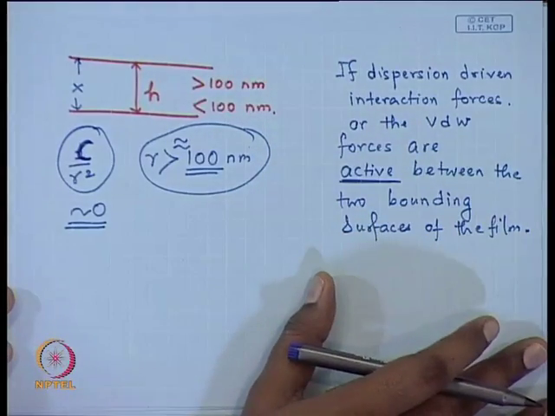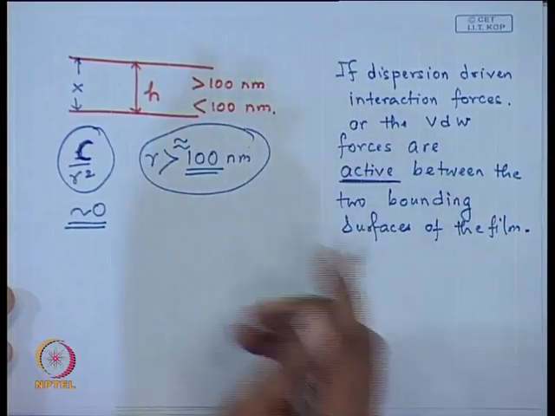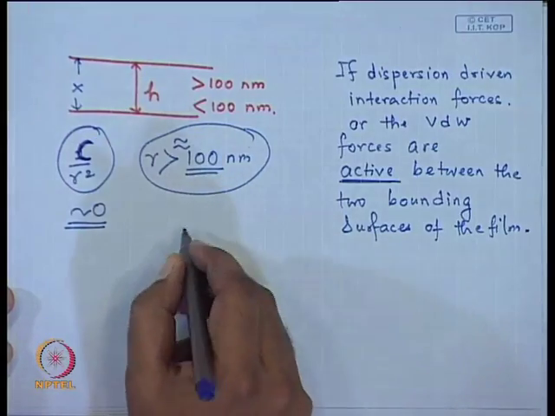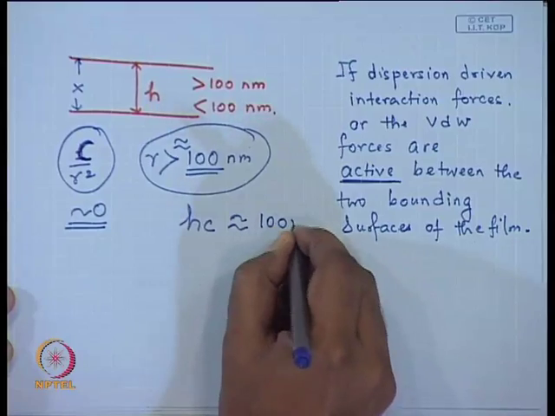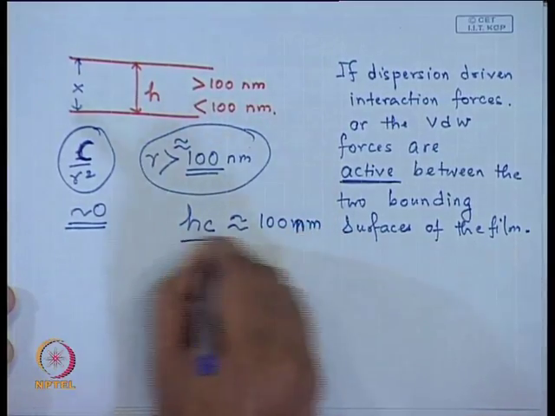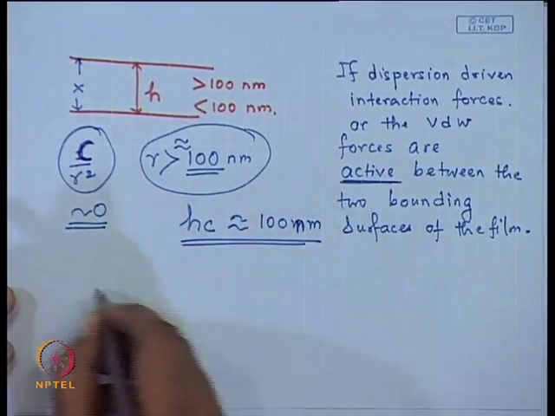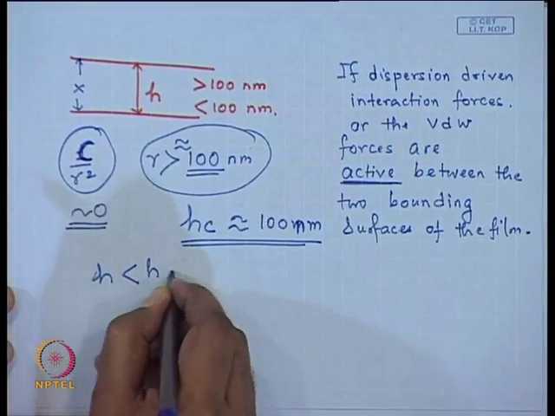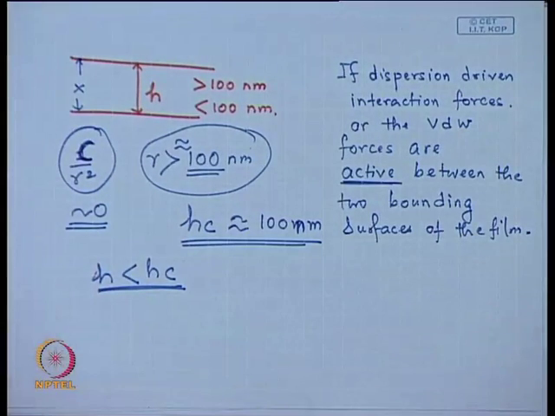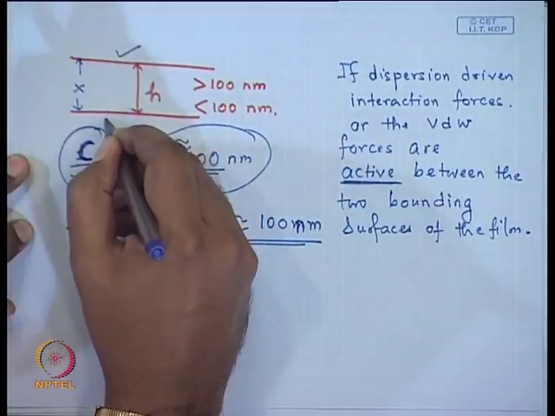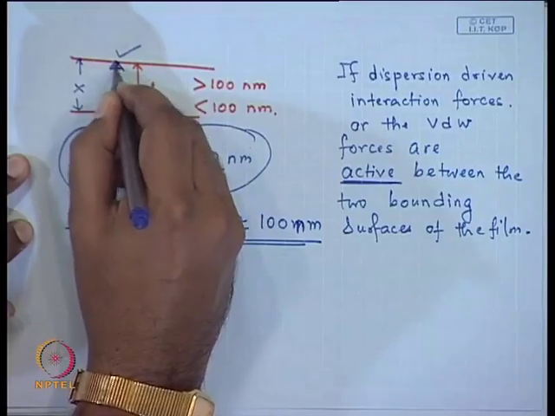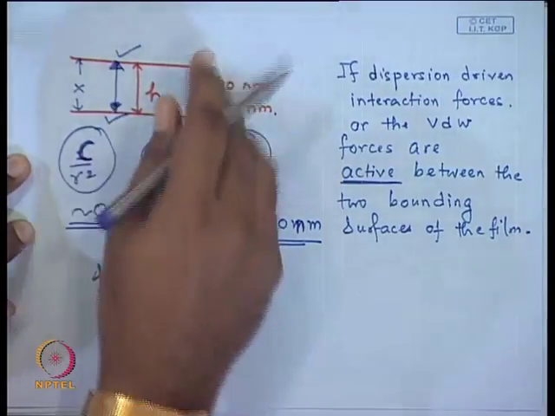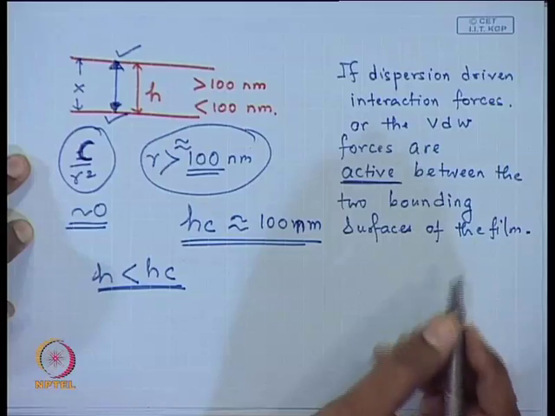In contrast, if your film is thinner than that critical thickness, let us say that is Hc, and we can term that Hc in many cases by convention or by experiment has been shown to be close to 100 nanometer. So, if your film thickness H is less than Hc, what eventually it means is that there is active van der Waals interaction or active induced dipole type of interaction between these two interfaces of the film.